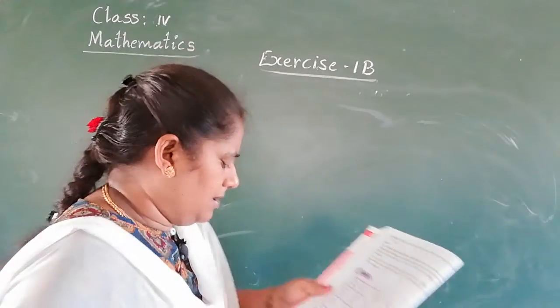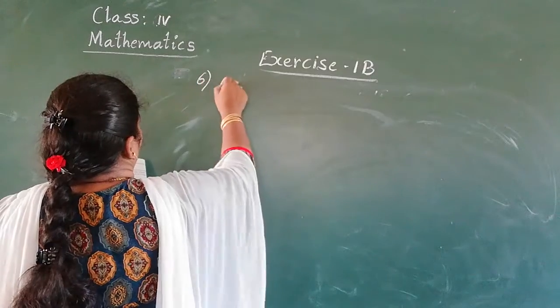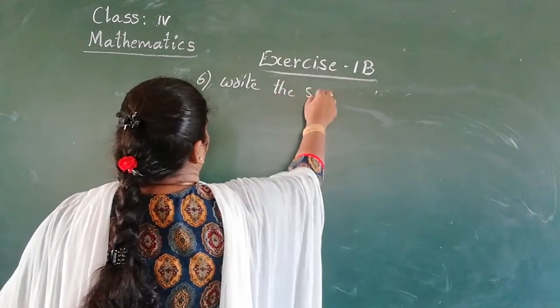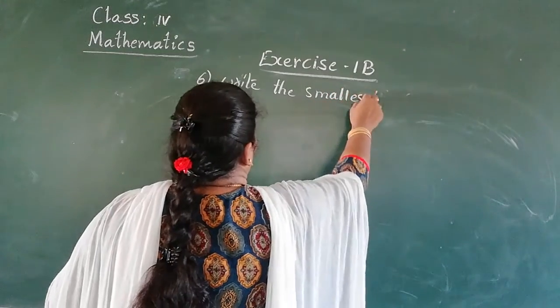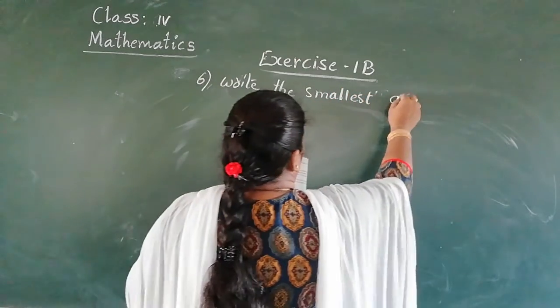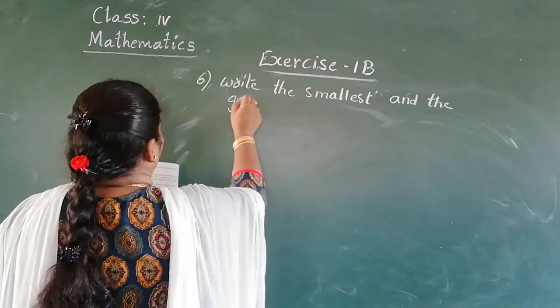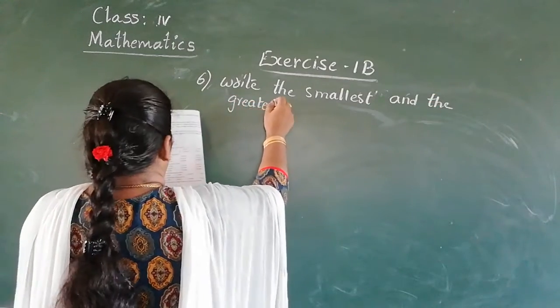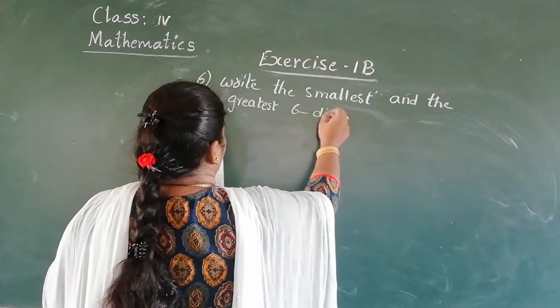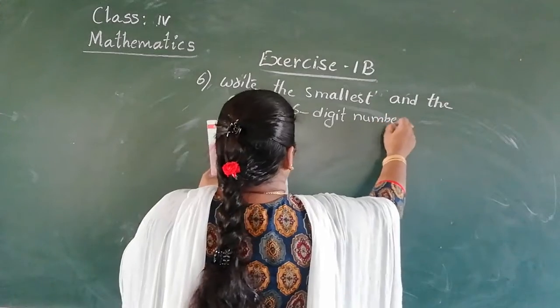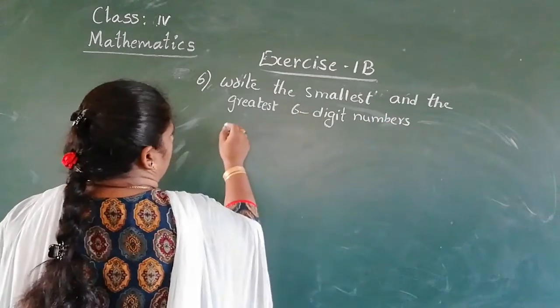Write the smallest and the greatest six-digit numbers without repeating numbers.